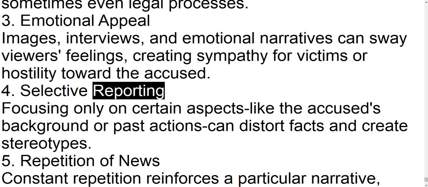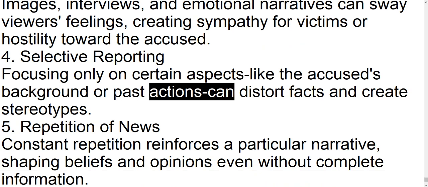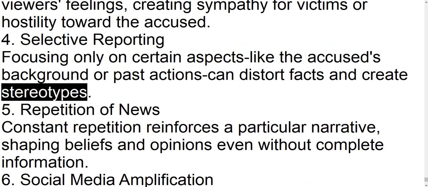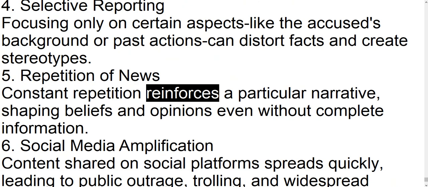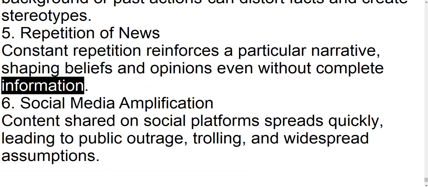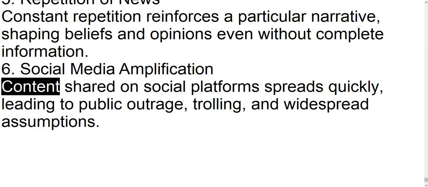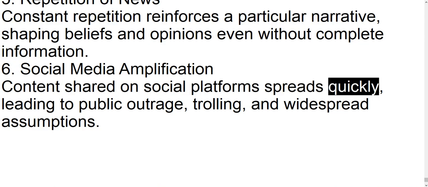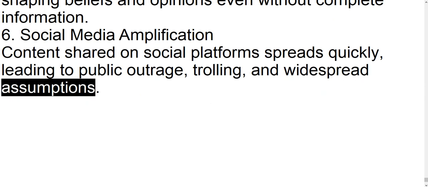Selective reporting. Focusing only on certain aspects like the accused's background or past actions can distort facts and create stereotypes. 5. Repetition of news. Constant repetition reinforces a particular narrative, shaping beliefs and opinions even without complete information. 6. Social media amplification. Content shared on social platforms spreads quickly, leading to public outrage, trolling, and widespread assumptions.